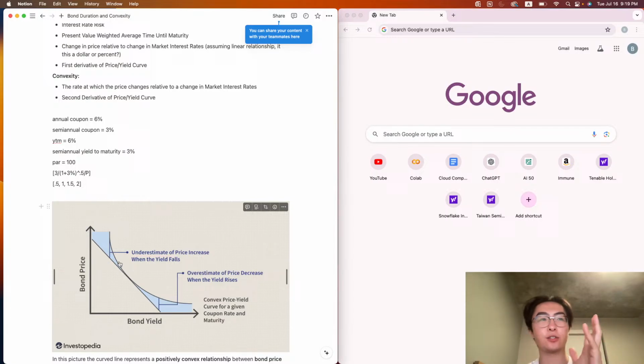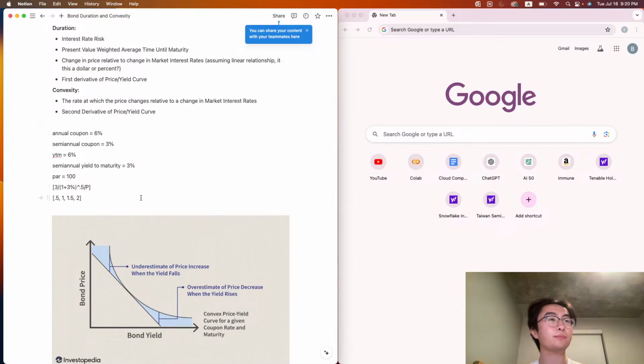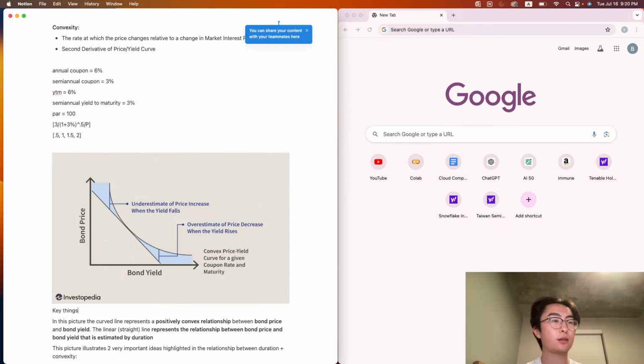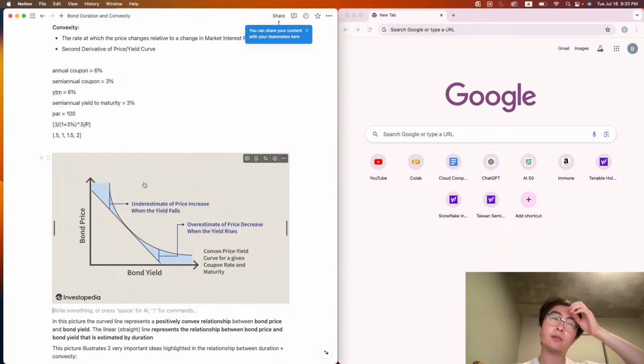okay, yeah, two things here. The first derivative of a straight line is constant. The second derivative of a straight line is 0. So the first derivative of a convex function is a linear function.